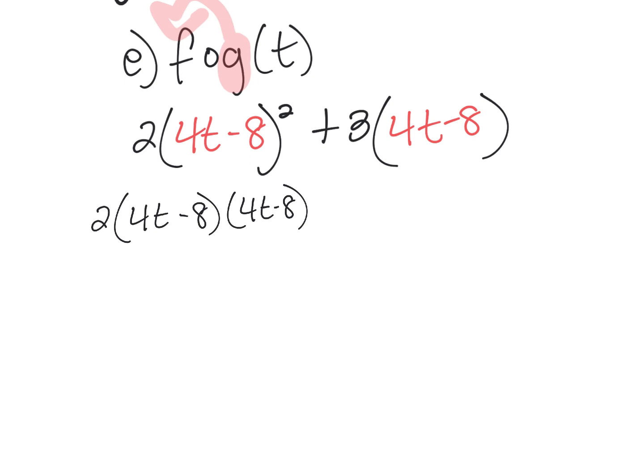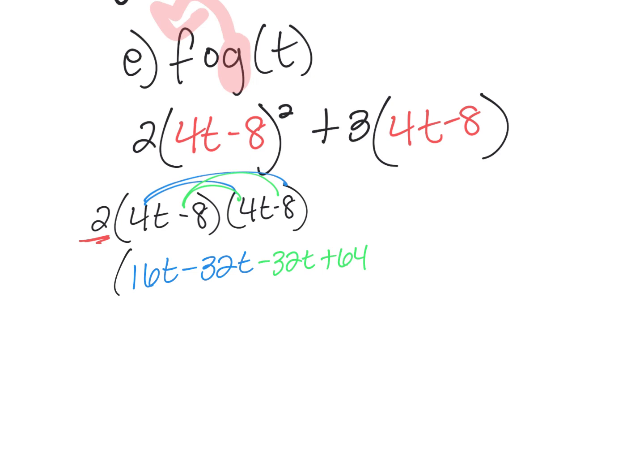So I'm going to FOIL before I distribute in this 2 right here. So let's FOIL first. So I've got 4t times 4t gives me 16t. 4t times -8 is -32t. -8 times 4t is -32t. -8 times -8 is +64.